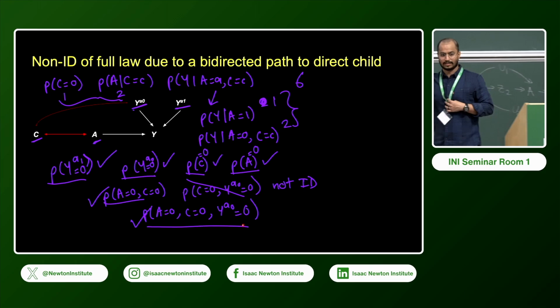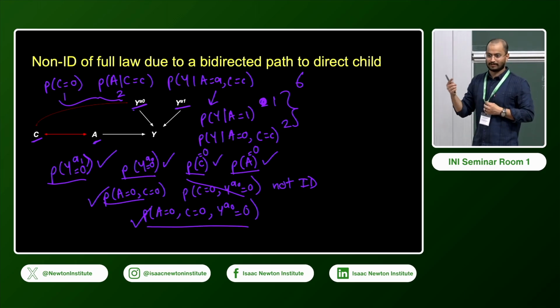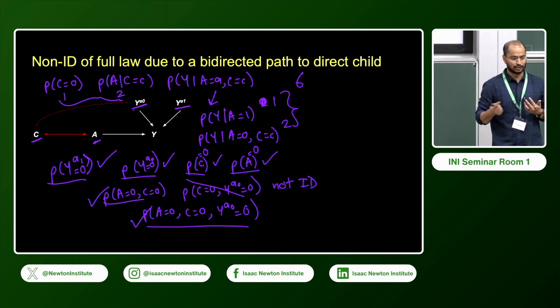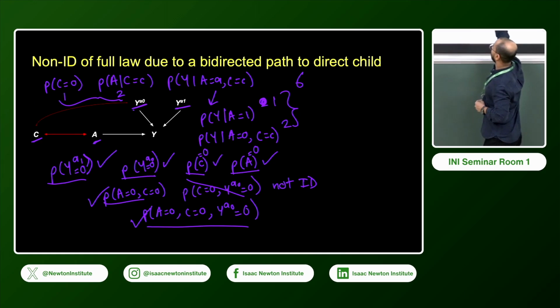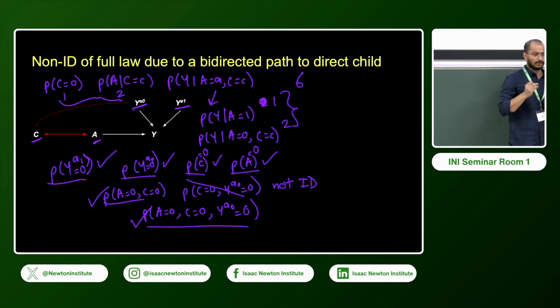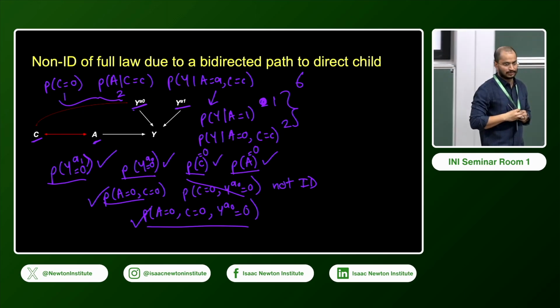So if I was to identify a 7th, that would mean that I'm doing something fishy over here. Basically, this is my degree of freedom: once I specify all of these, this can take on whatever value as long as it gives a valid joint distribution.